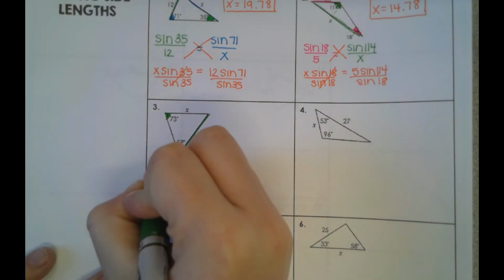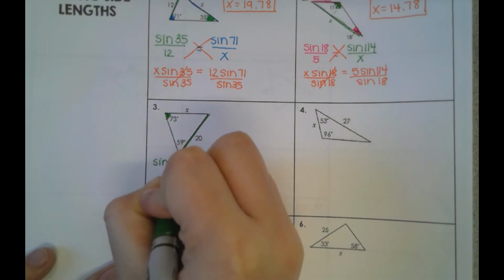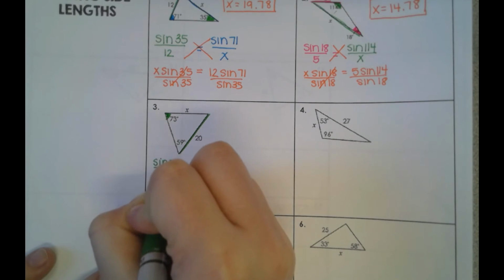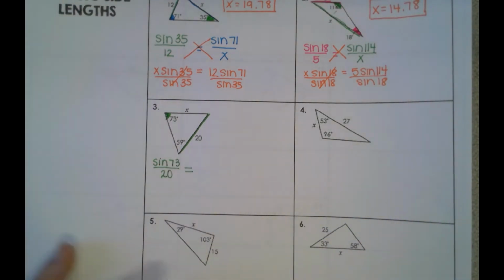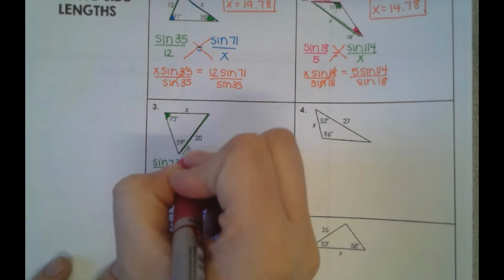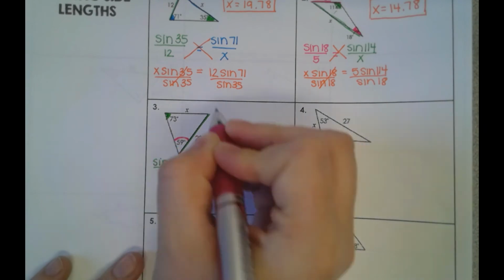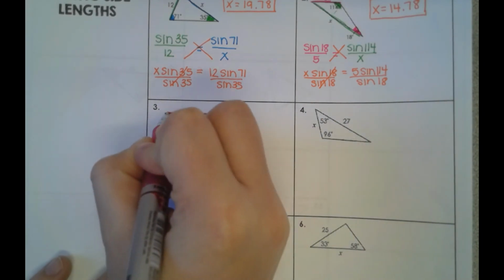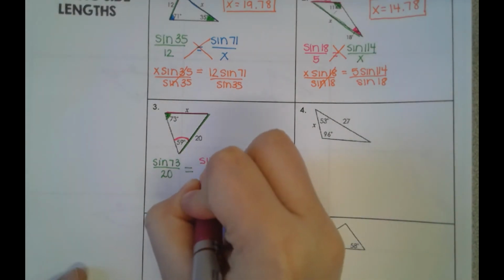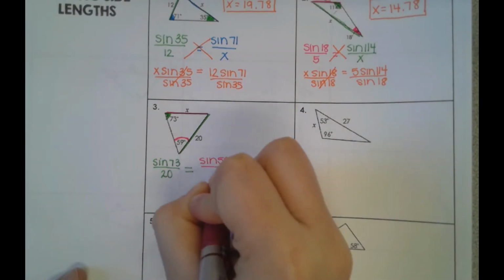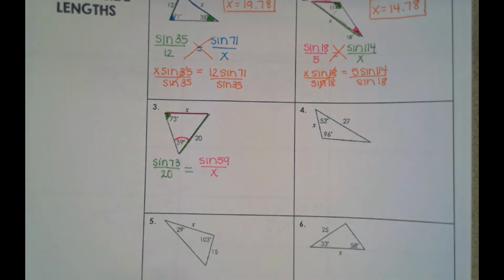So we can say that sine of 73 over 20 equals, and then I need this 59 degree angle because it pairs with the x, what I'm trying to find. So sine of 59 over x.